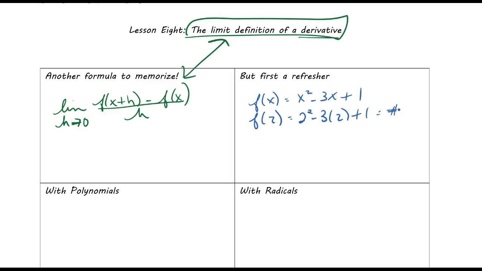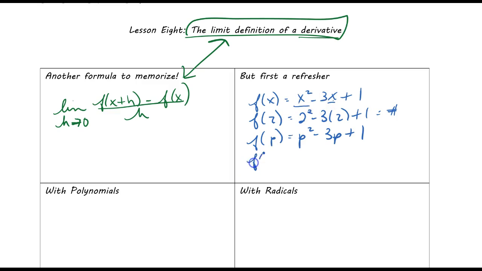Or if I was to say f of p, you would just take all the x's from above and replace them with a p. So this is just remembering function notation. Whatever goes in the parentheses is what you're evaluating your function at. So it replaces the x or x's that were there before.